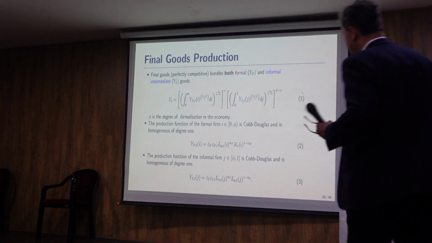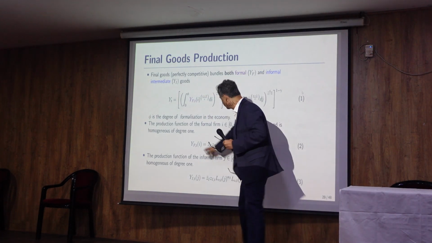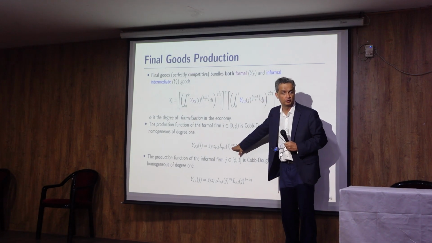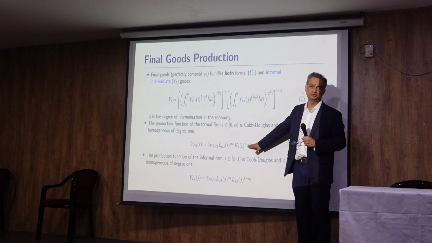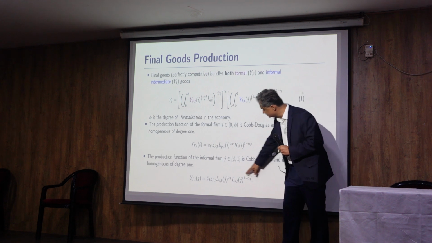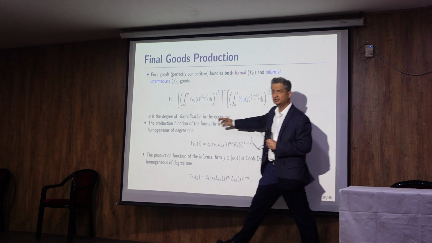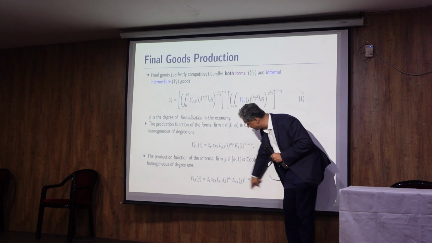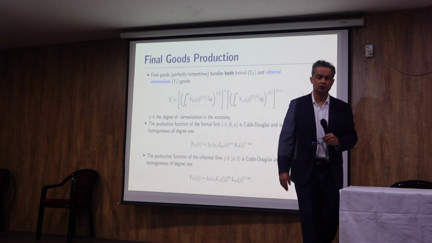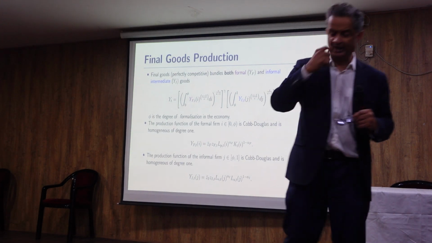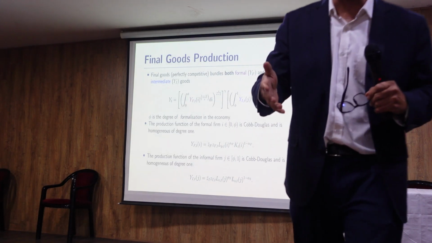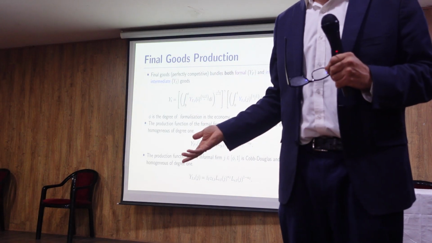So then you say, well, maybe the way it works is that formal guys hire private formal workers, and they have access to physical capital. Informal firms, who produce these varieties that make final GDP, only hire self and casual workers. So if you are a casual firm, and you're a casual worker and you get matched, your outside option is self-employment.